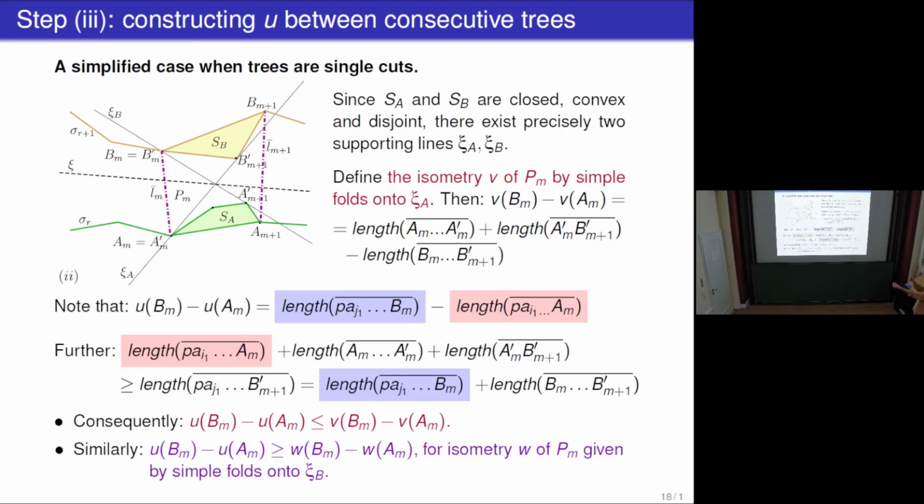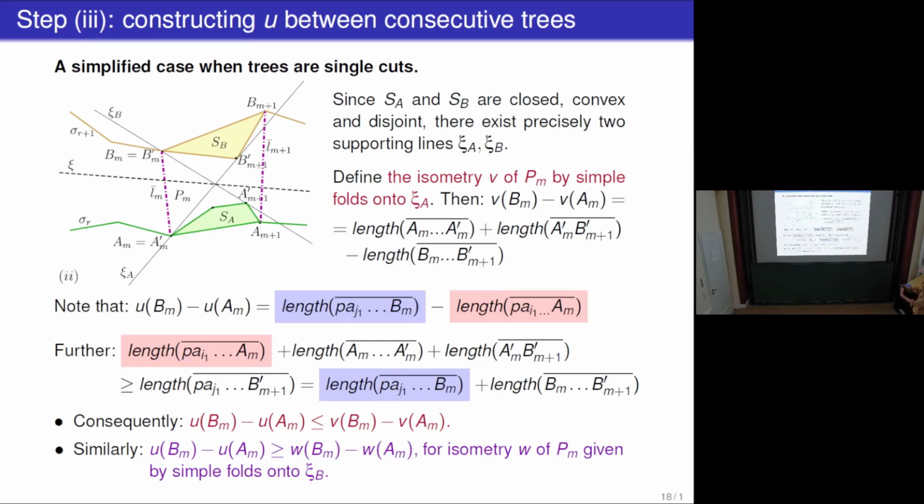So you can imagine a segment which is the image. This is the image of P, and this piece goes up to some point, because I've already constructed, and this piece of geodesic goes up to another point. So I know what is the image of this point and this point.